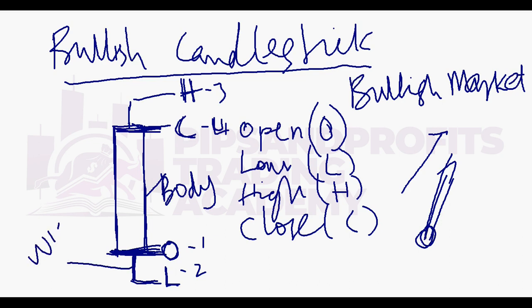That distance is called a wick. The distance between the open and the low, if you can see it like a stick, we call it a wick. The same way, the distance between the close and the high also looks like a stick. So that side too is also called a wick.